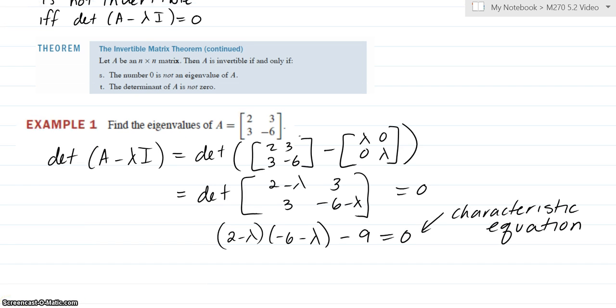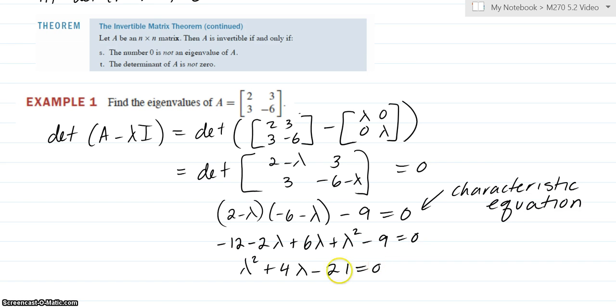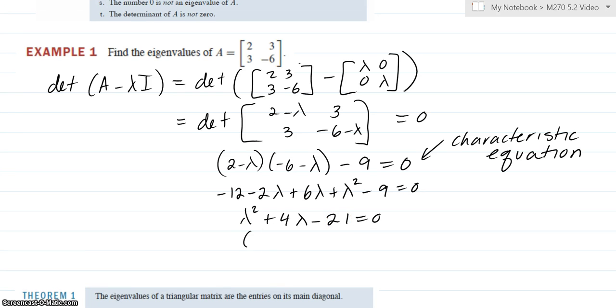So we can use this characteristic equation to find the eigenvalues. We can FOIL this out, combine like terms. So I'll put the lambda squared first, and I would have a plus 4 lambda, and that would be a negative 21. We can solve this by factoring.